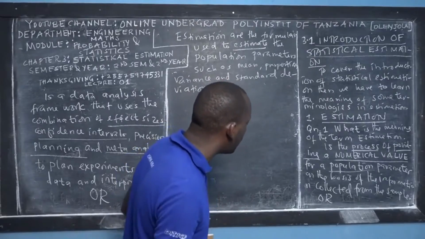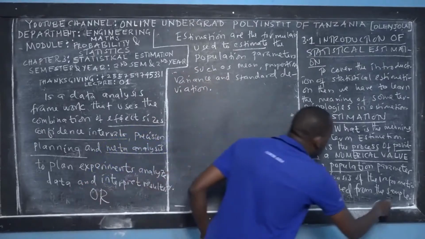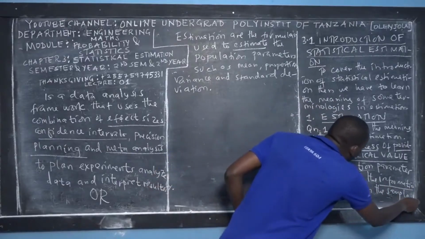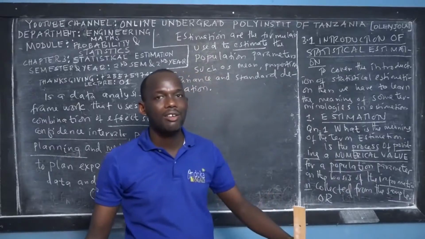So how do we estimate a population parameter? On the basis of information, and we collect this information from a sample.